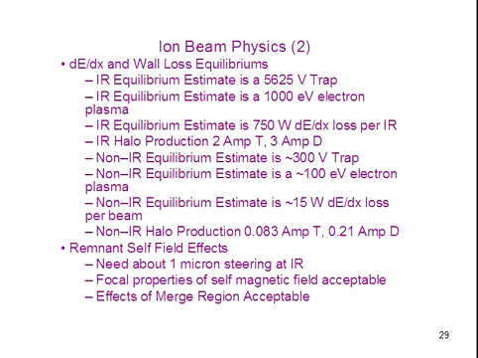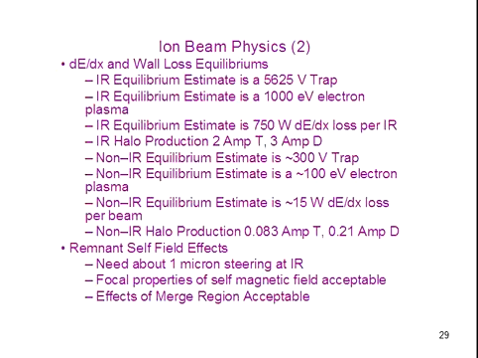The analysis of the situation that we just looked at did a detailed comparison of the DEDX power loss from the beam to the plasma, as well as the wall loss that cools the electron plasma.